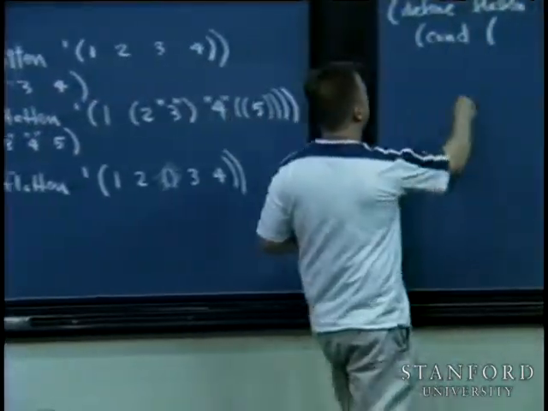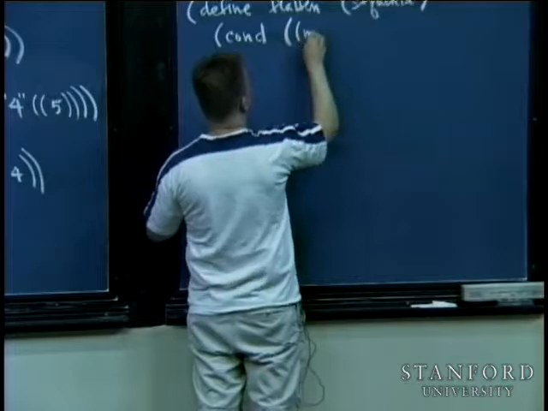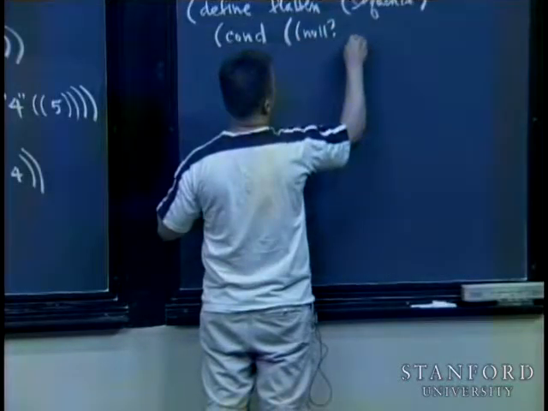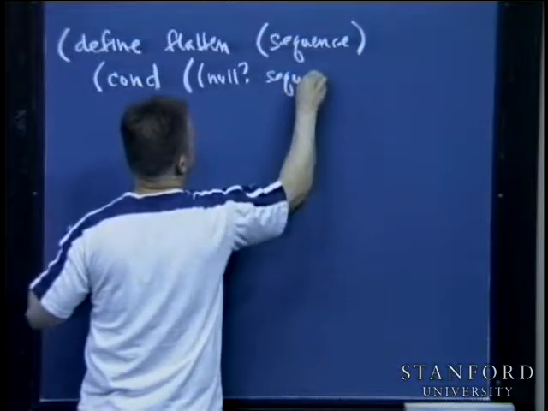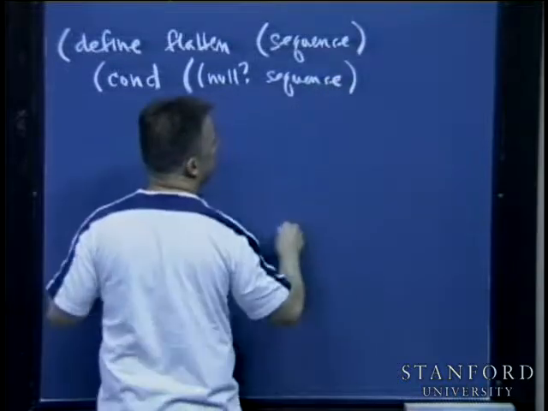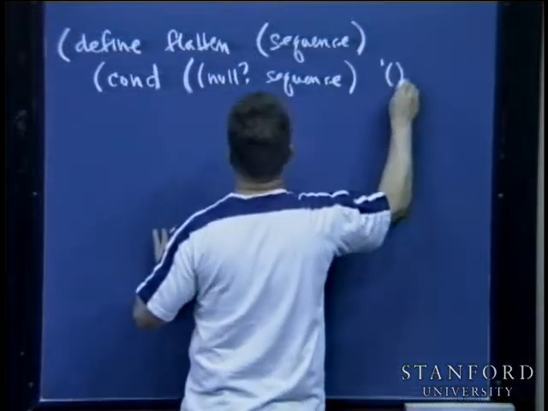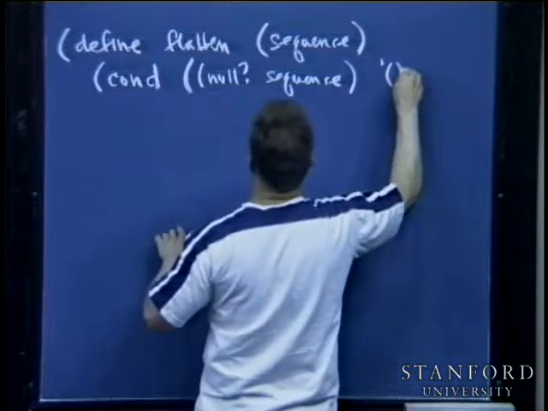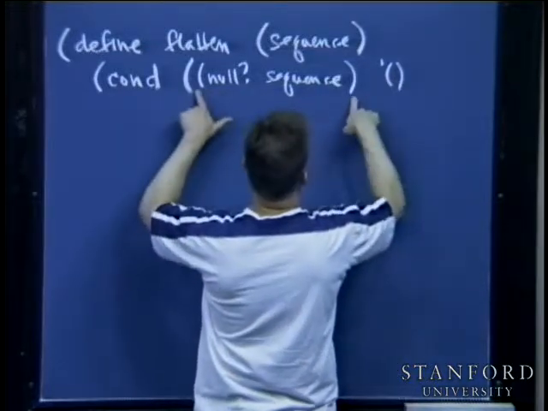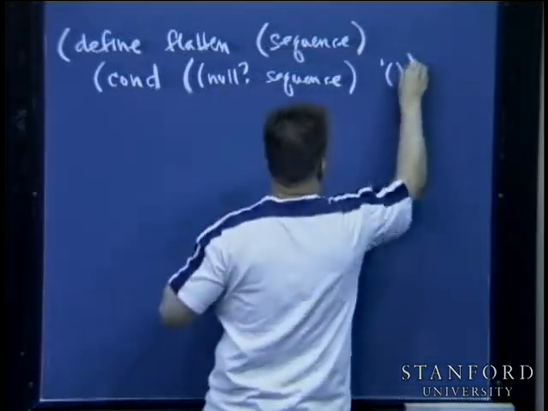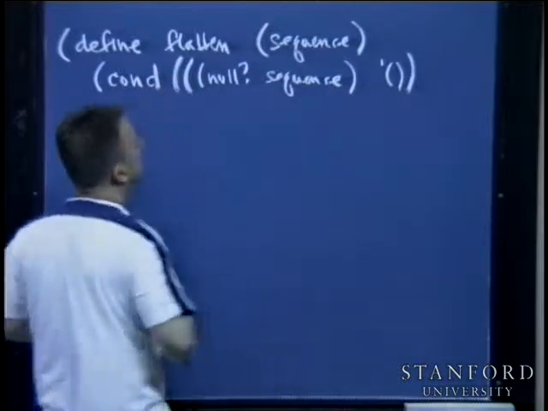So what I would do up front is I would ask whether or not the sequence is null. And if that is true, then the entire cond should evaluate to this thing right here. So that ends that, that's the pair. I have that right there.